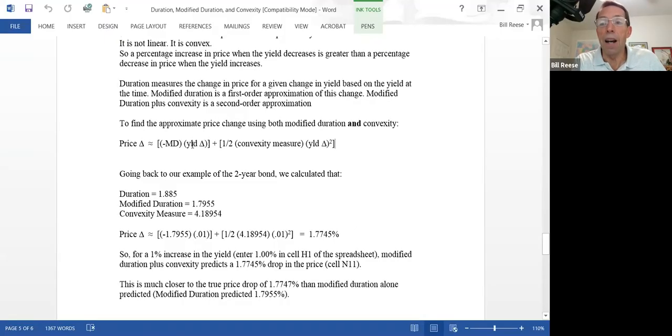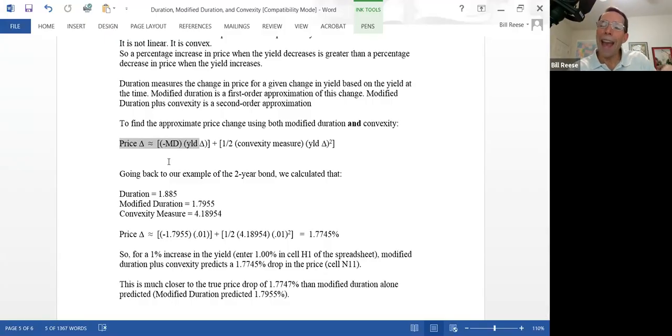Because if interest rates go up, the price of the bond is predicted to go down, we need to put a negative sign in front of the modified duration, because the modified duration number is an absolute value number. So if we don't add convexity, with just modified duration, this is what we're looking at right here. The price change in the bond is approximately equal to the modified duration times the change in yield, okay? And of course, we're saying price goes down if interest rates go up, so that's why we have to put the negative sign there in front of modified duration.